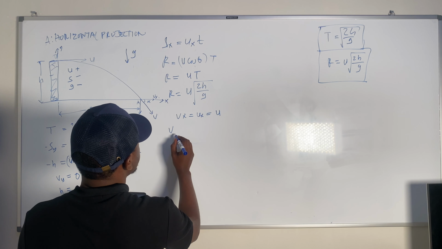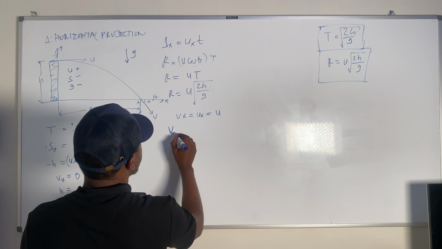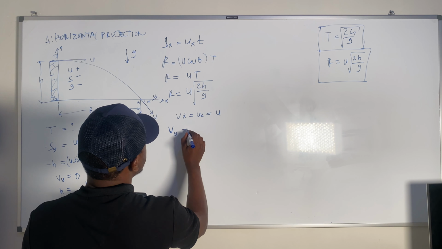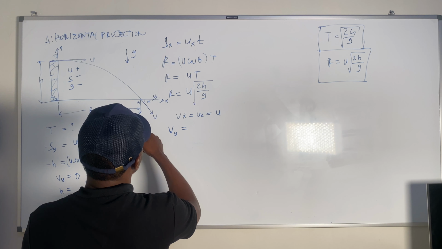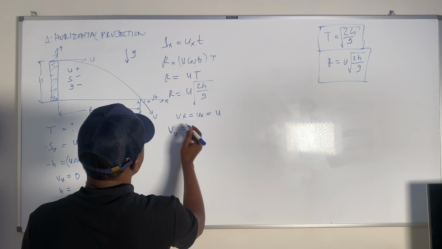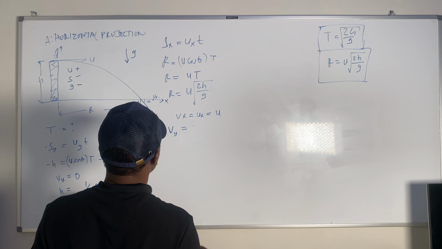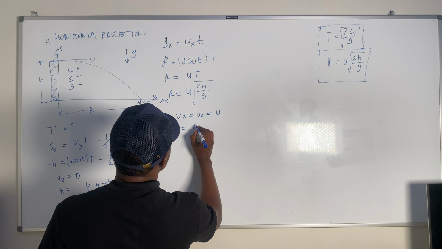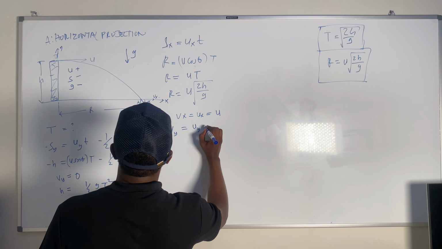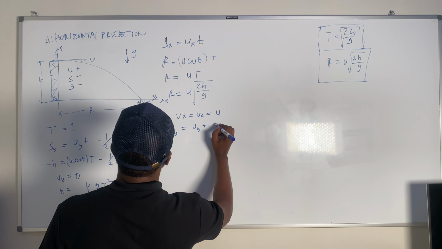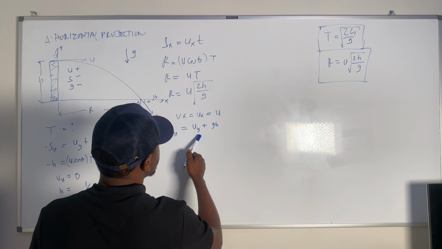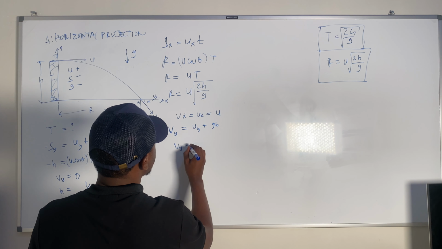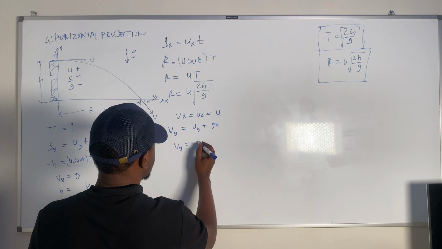And the velocity in y direction is equal to initial velocity in y direction plus g times t. Initial velocity in y direction is 0. So v in y direction is equal to g t.